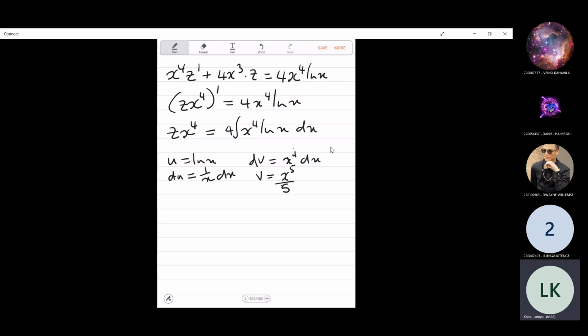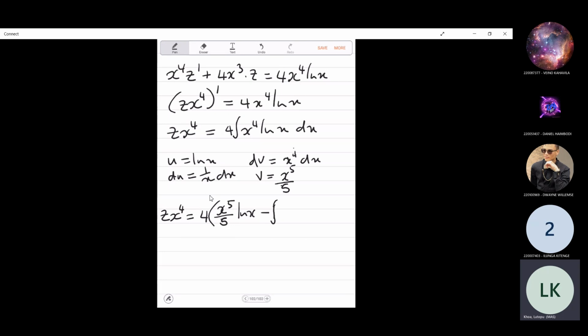Okay, then we substitute and integrate. So we have z x to the power of 4. This is 4 multiplied by u times v. So this is x to the power of 5 over 5 ln of x, and then we minus the integral of v times du.